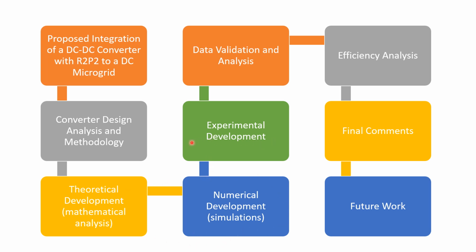It is also important to mention that the article presents experimental tests, as well as the validation of those same analyses in comparison with the theoretical results obtained. An efficiency analysis of the entire system was conducted under open loop and closed loop conditions. The article concludes with final remarks where future work related to this document is also discussed.